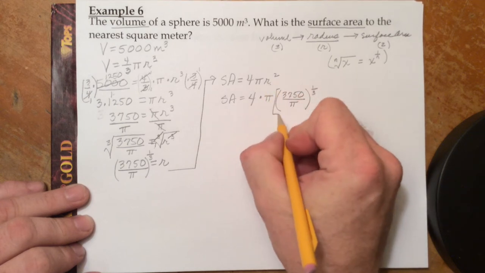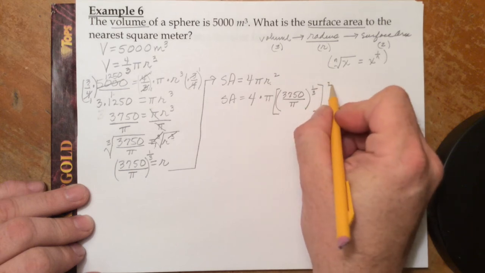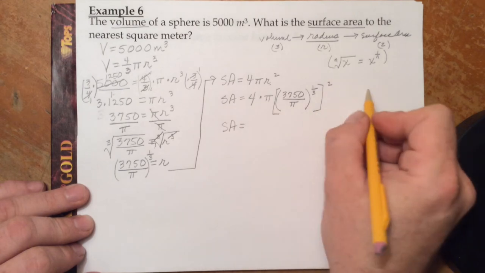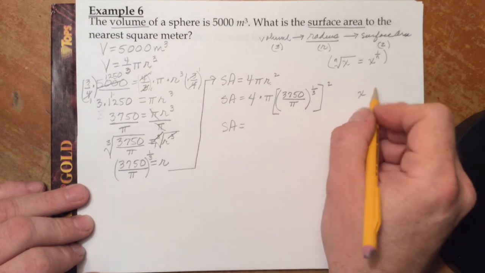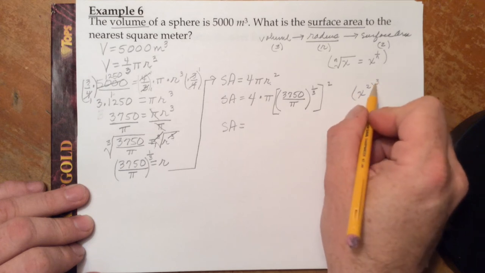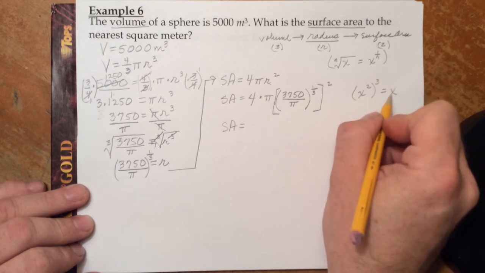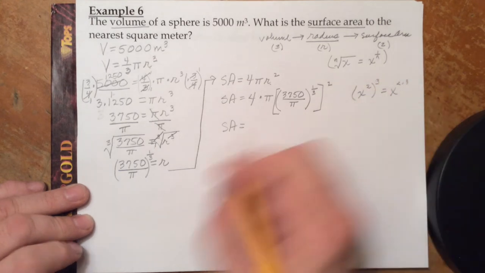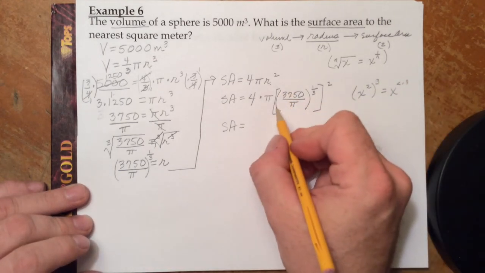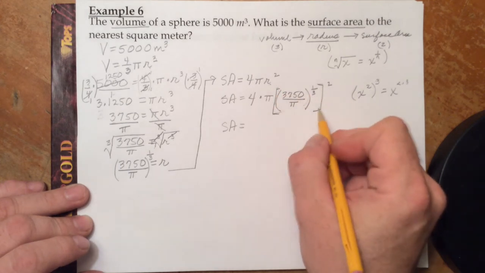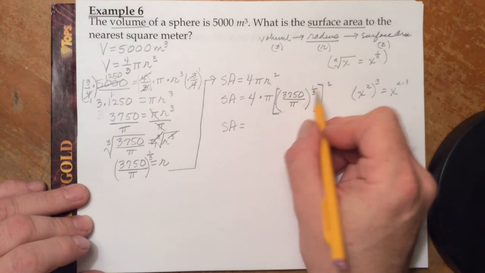All of that is squared. Now last year in Algebra 1, you were supposed to learn what a power to a power rule was. X to the second, for instance, and then if you cubed x squared, you would get x to the 2 times 3. You multiply the exponents when you take a power to a power. Well, this is the same thing. We have a base, a power on it, and we're taking that to another power. So we're going to multiply these two exponents.